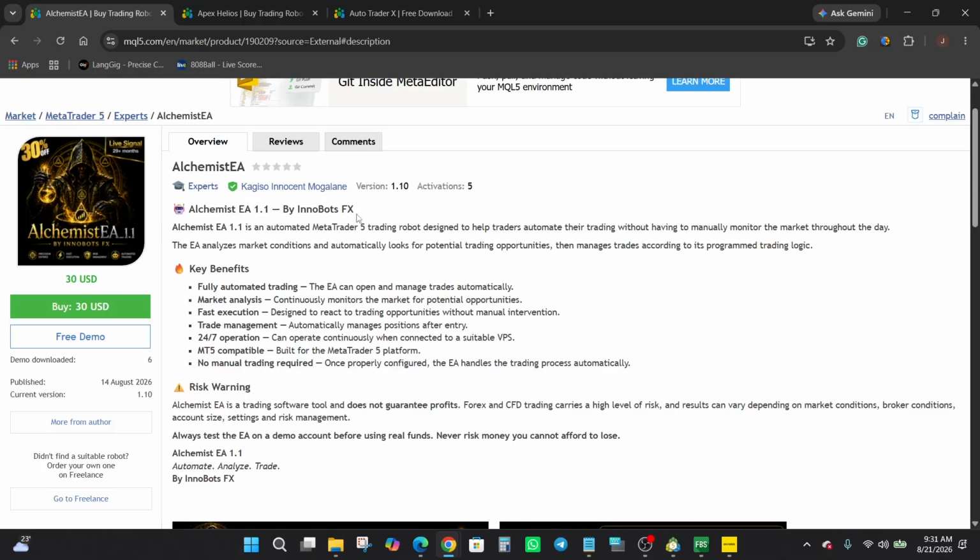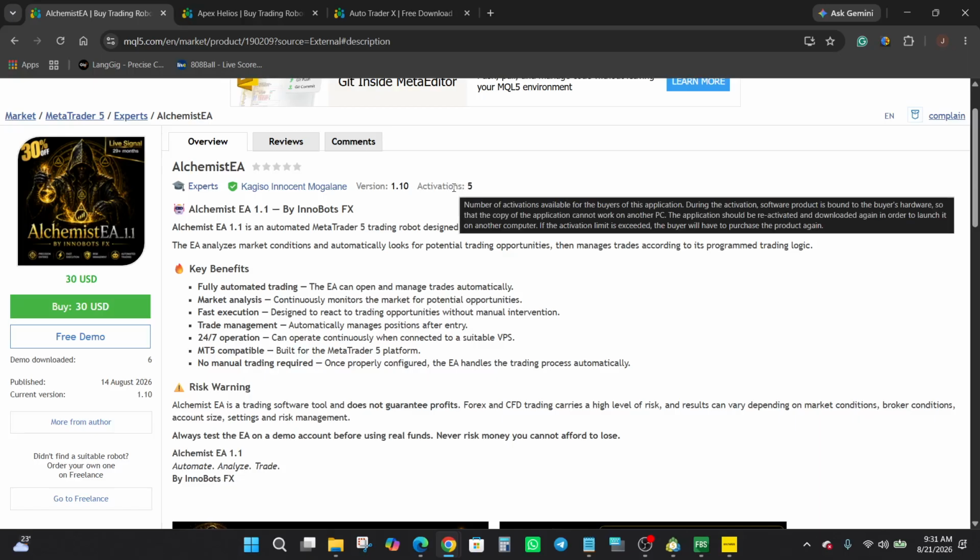So right now the listing shows 5 activations, and just to clarify what that actually means, activations refers to how many devices you are allowed to run the EA on with your license, not how many people have purchased or are using it.